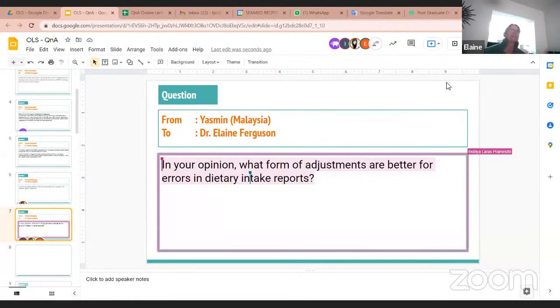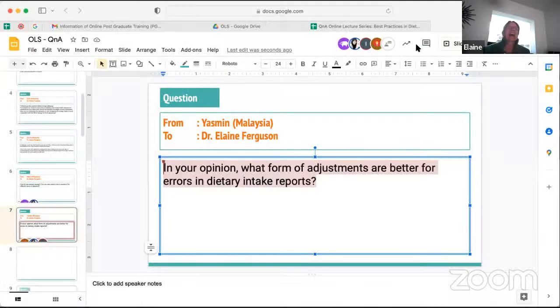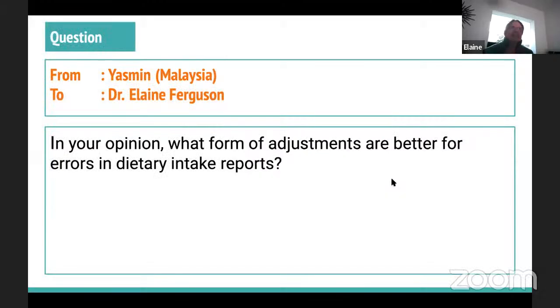That's a very, very difficult question. It would be a matter of looking at the data, and you could compare it to intakes that have been collected elsewhere to see where the underestimation may have occurred.